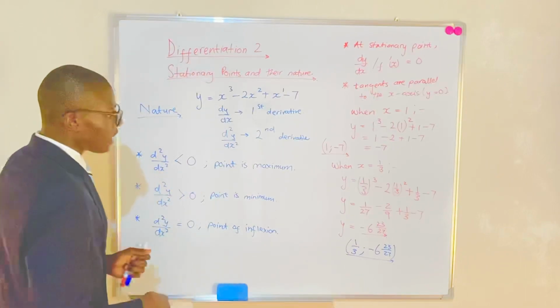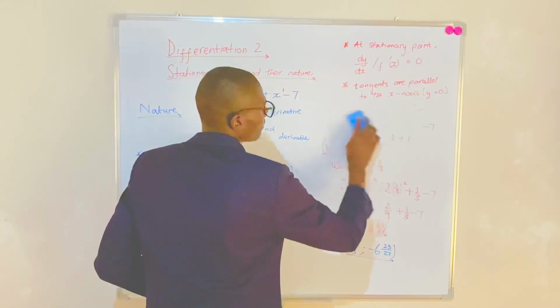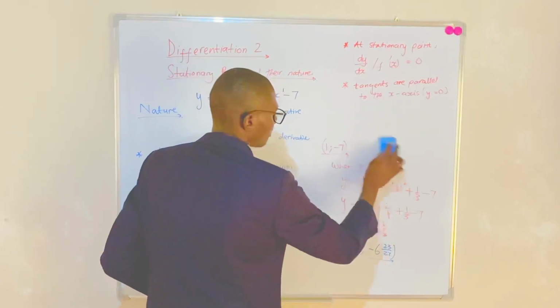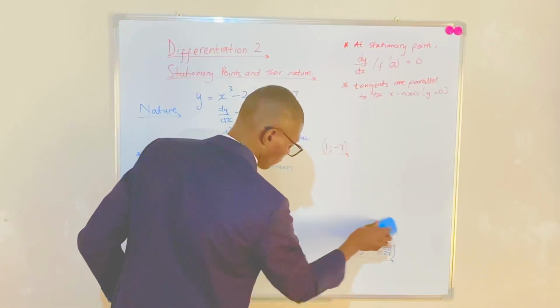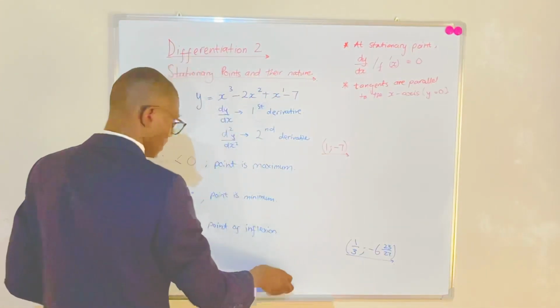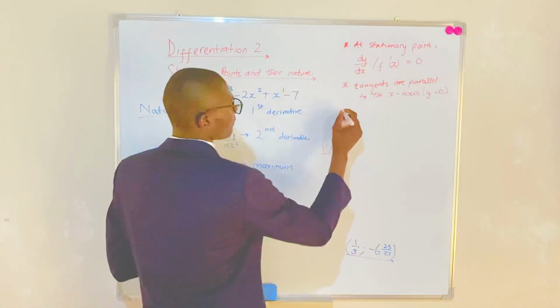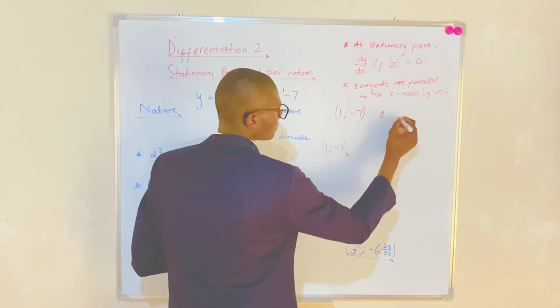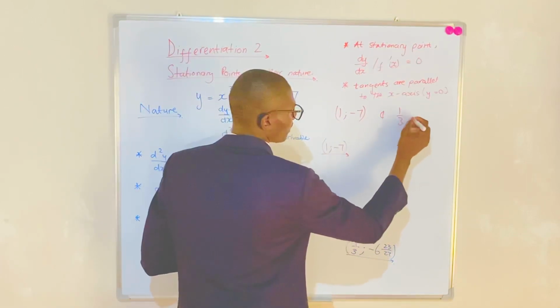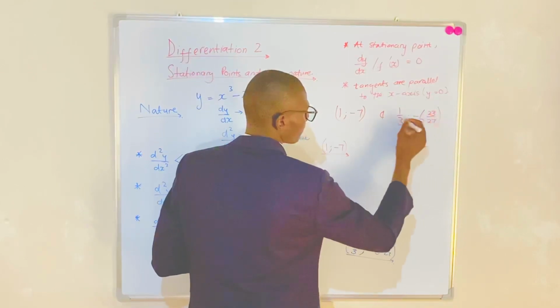So allow me to erase this part. Okay, so the two stationary points, we've got 1 minus 7 and 1 over 3 minus 6 and 23 over 27.